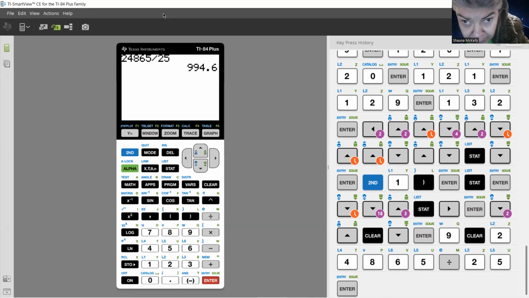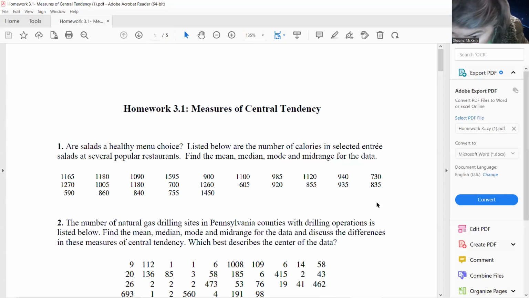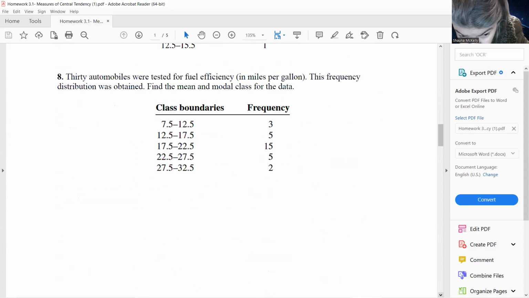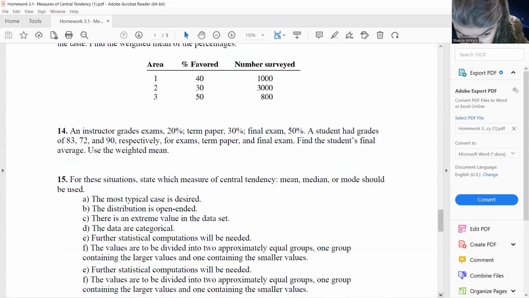And if you look at the homework here, scroll down to the 4th page, I think it is.